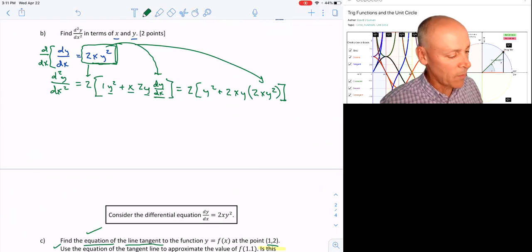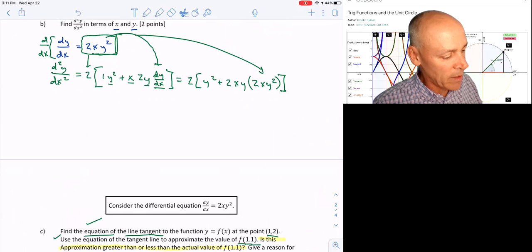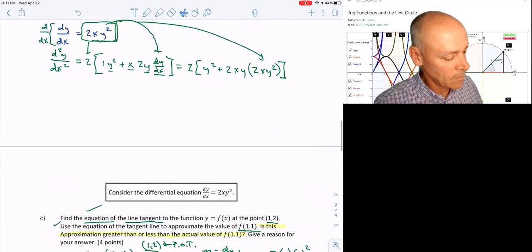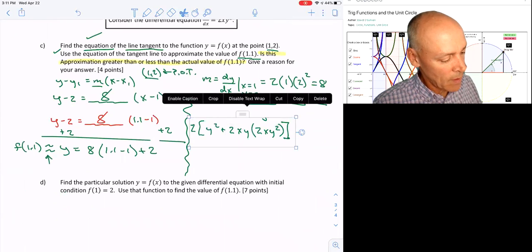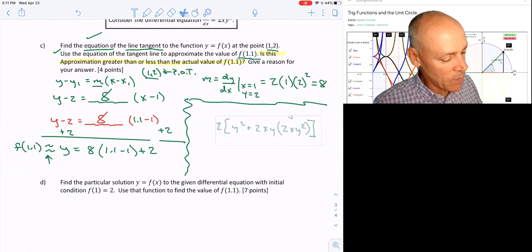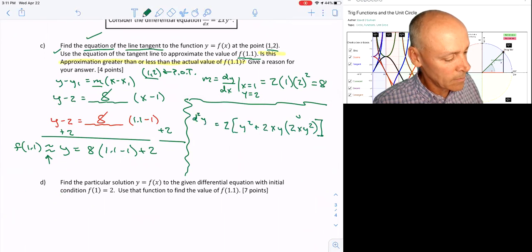Okay, so I'm going to take my second derivative, which is 2 times this quantity here. I'm just going to copy this down. So that is my second derivative that I found in part B. Okay.